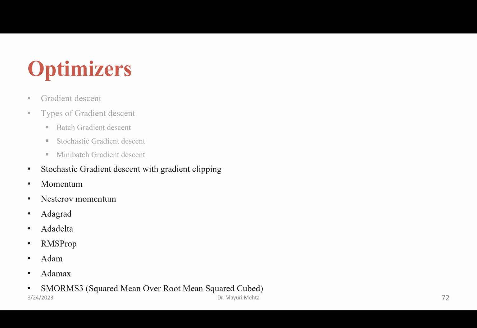The decay factor is used to give more importance to recent gradients and less importance to older gradients. So this is how it differs from the previous two optimization techniques. And one of the main advantages of RMSProp over AdaGrad is that it can handle non-stationary objectives. So this is about RMSProp.